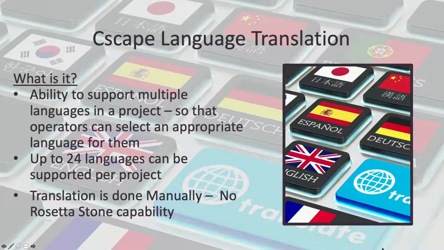Believe it or not, you can support up to 24 languages in a single project. I barely even knew there were 24 languages. However, translation is done manually, so there's no Rosetta Stone capability or speaking in tongues capability in the OCS. You do have to manually do the translation, but in this multilingual, global environment, more and more folks speak more and more languages, so it's really not that big of a deal.